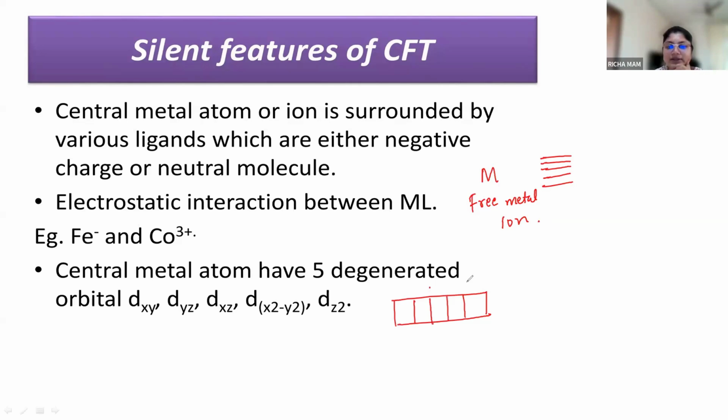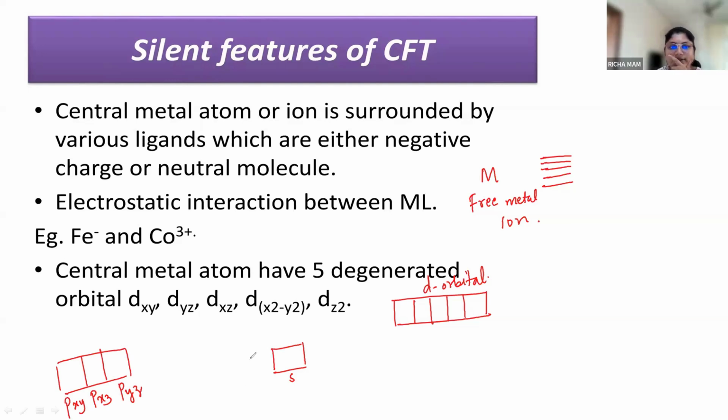Can you name these? The s orbital is spherical in shape. When we talk about p orbitals, what is the shape? Can anyone tell me?